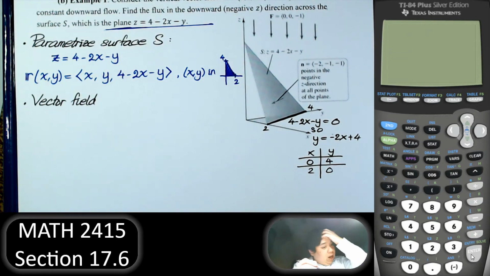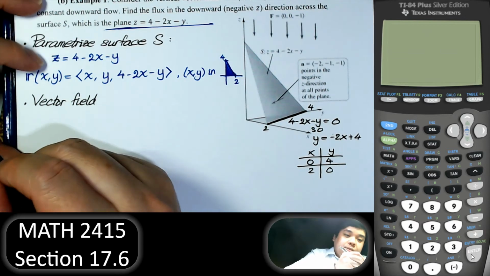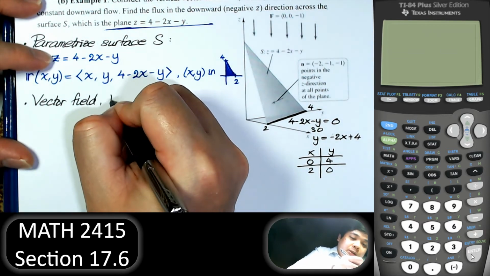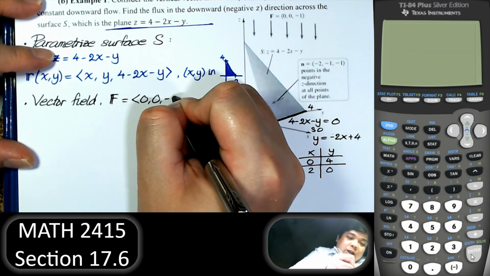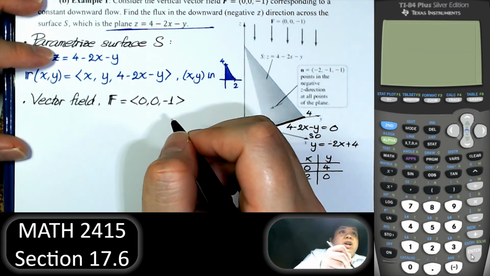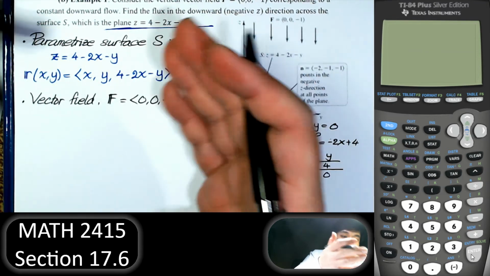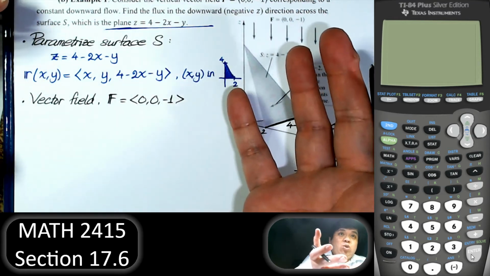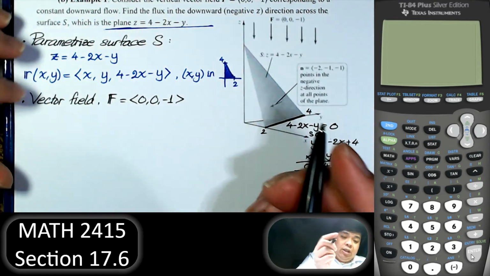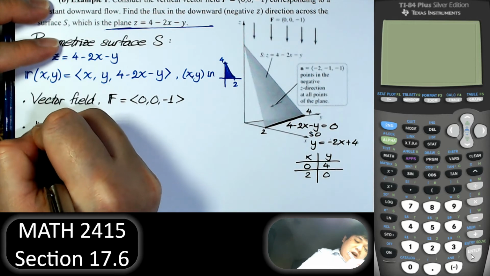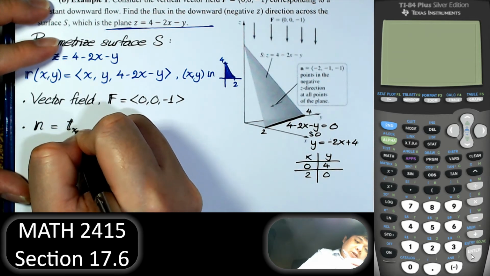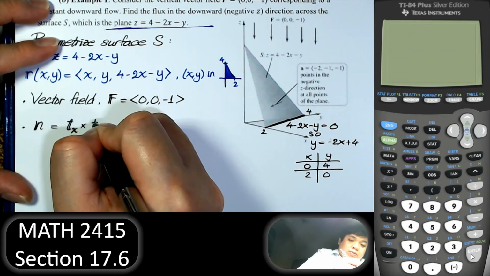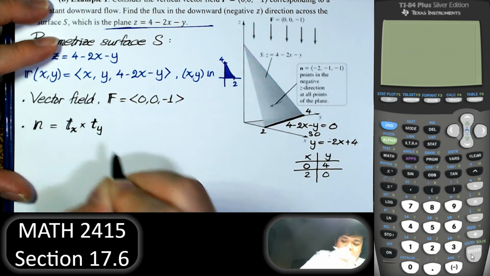The vector field we have to write is 0, 0 and -1. In this case, we're just going to keep it because we don't have to write in terms of x and y, because there's no x, y in there, so that's perfectly fine. Next, we write the normal vector as a cross product of tx cross ty.